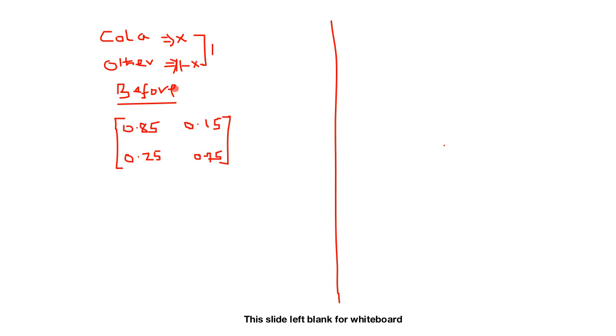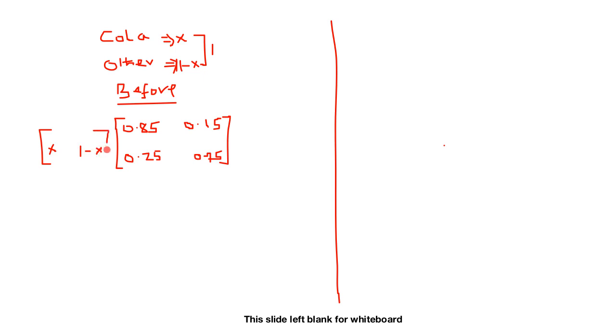So first of all, we want to get the equilibrium state proportion before advertising. Then we will also get the equilibrium state proportion after advertising. So before advertising, this was the state. Now we are going to multiply this by x, and then 1 minus x.